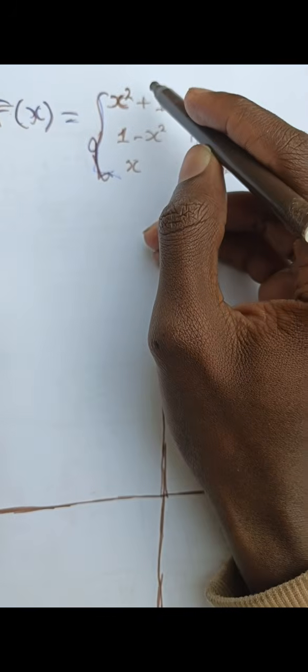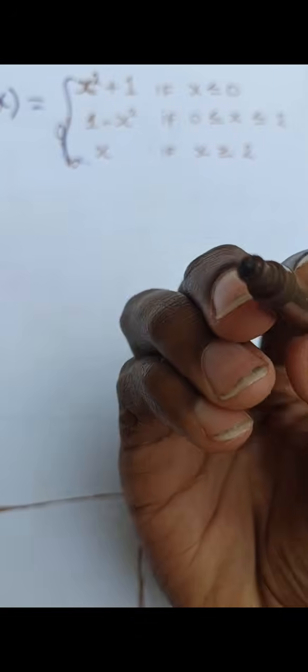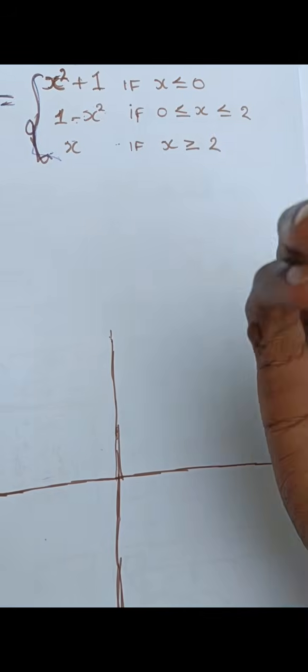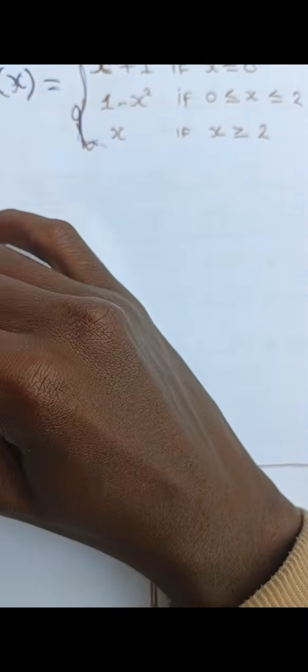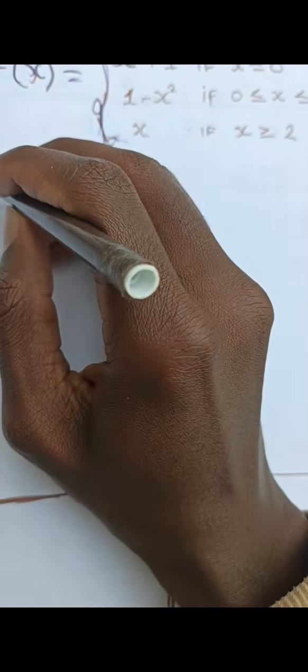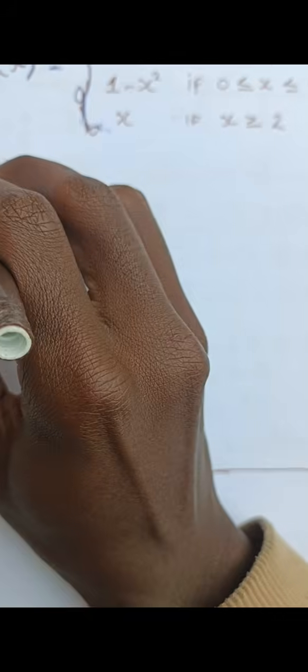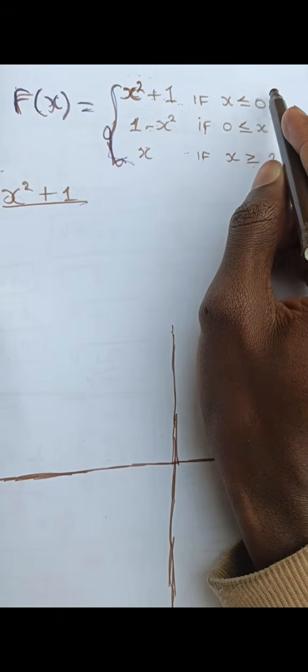So let's graph this. We're going to start with this function here. What we're going to do right now is first come up with the tables of values. Then based on the coordinates on the tables of values, we are going to graph this. We are going to say x power 2 plus 1. So first we are going to graph the first function, which is based on this condition.